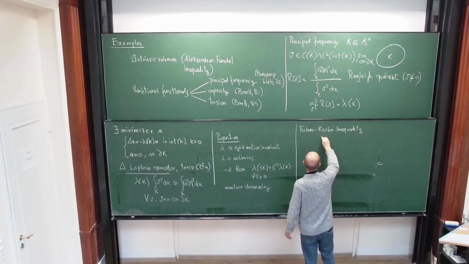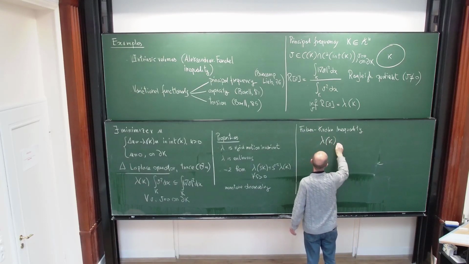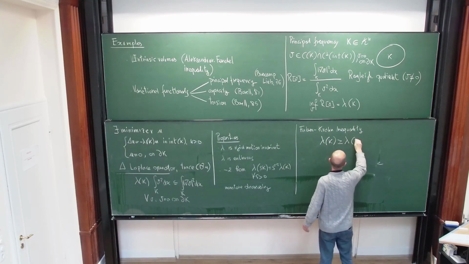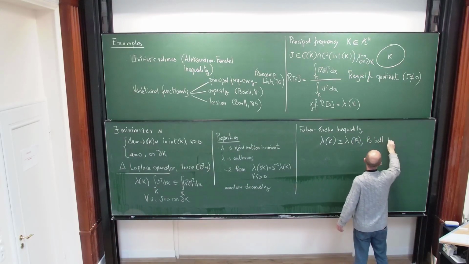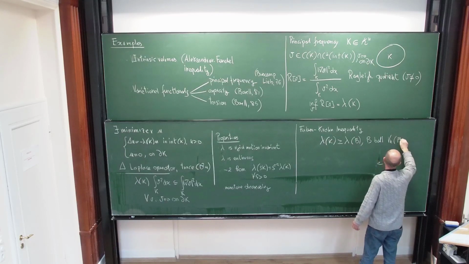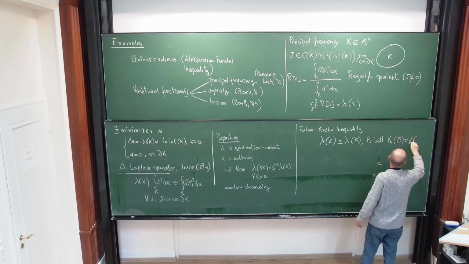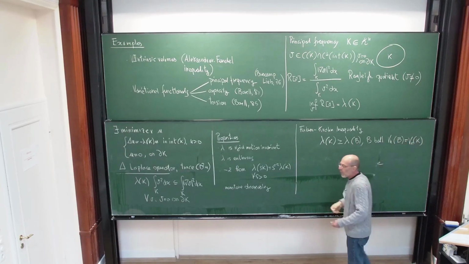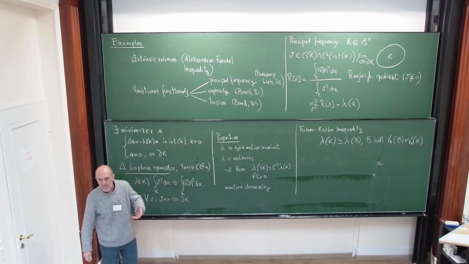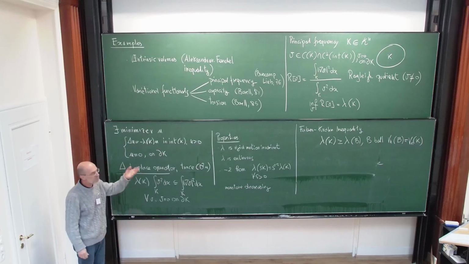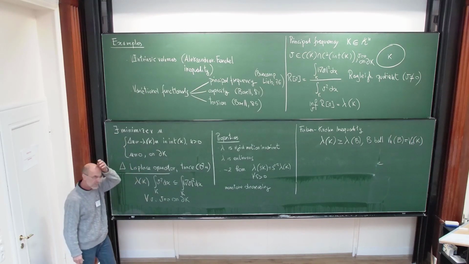And it says that lambda of K is bigger than lambda of B, where B is a ball with the same volume as K. So among all convex bodies with the same volume, the ball has the minimal principal frequency. This is just the isoperimetric inequality for lambda.